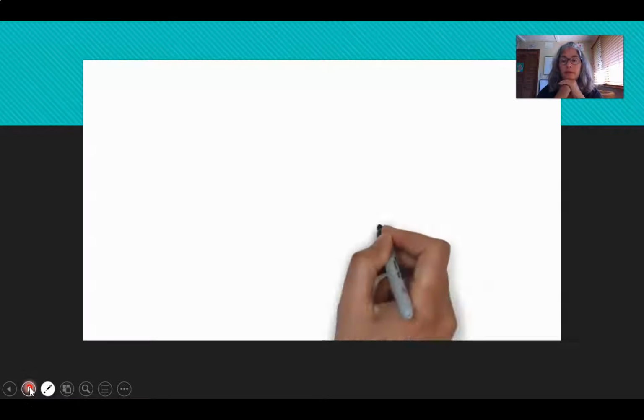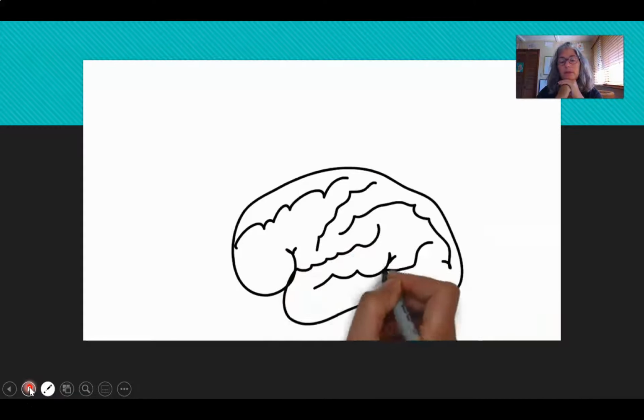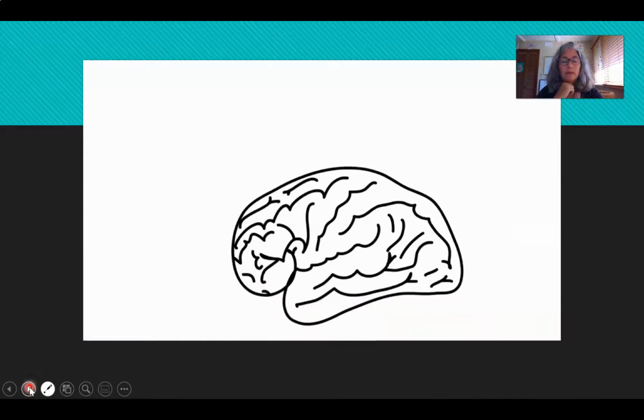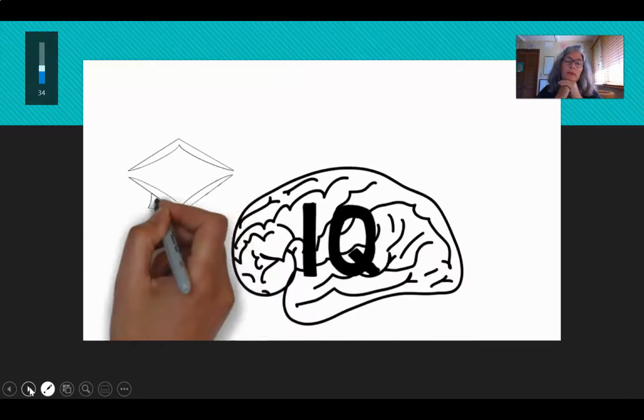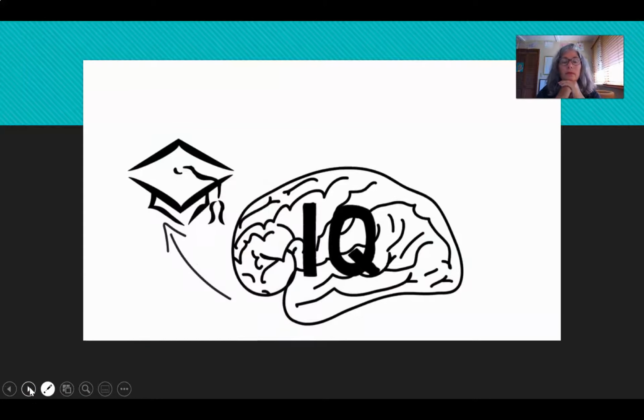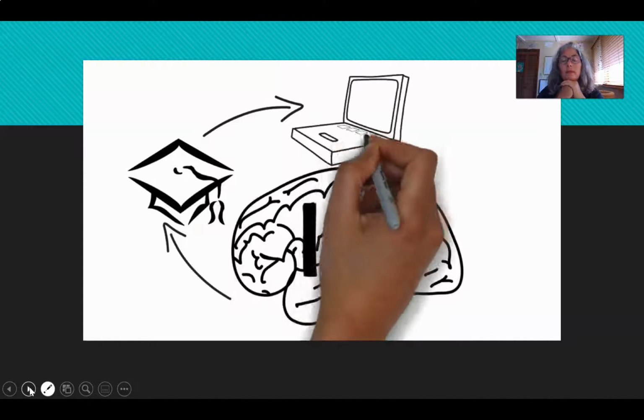For many years, educators measured human intelligence by one factor, our IQ, or intelligence quotient. And IQ was thought to determine how well we did in school, in life, in everything.